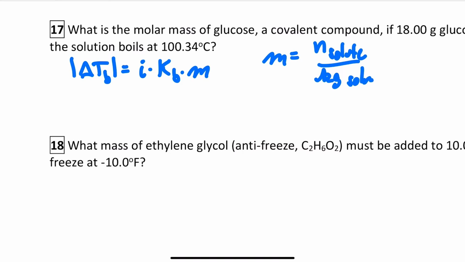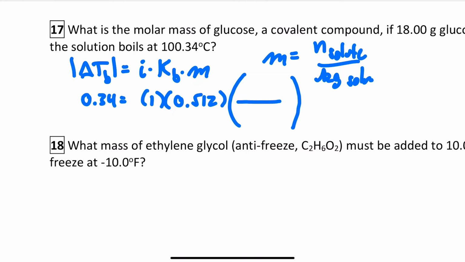So our delta T is 0.34. Our i is 1. Our K_b, because it's boiling, is 0.512. And then our molality is moles over mass. And moles is mass over molar mass. So I'm actually going to write that like that, and there's our unknown molar mass.